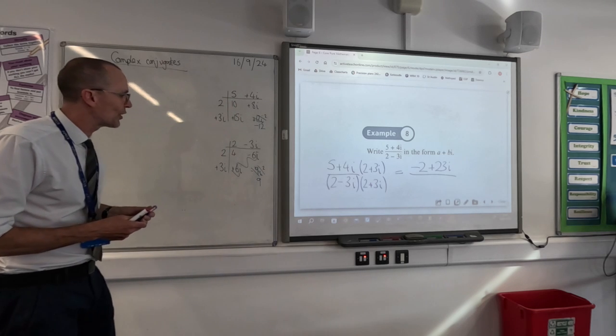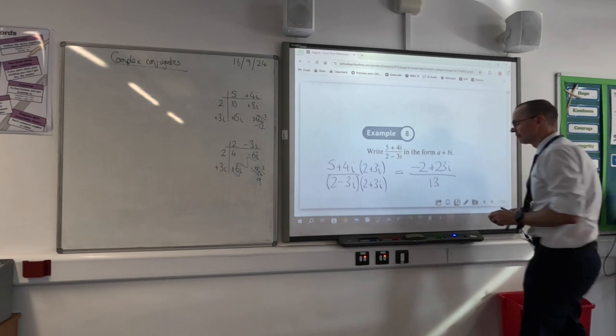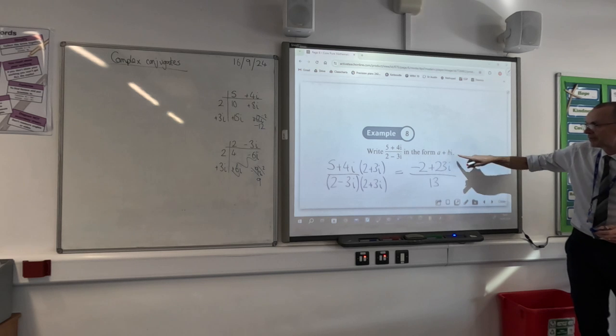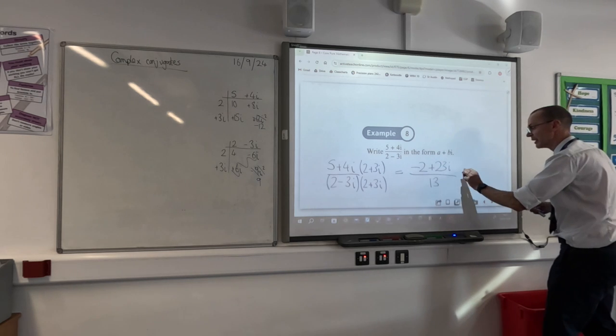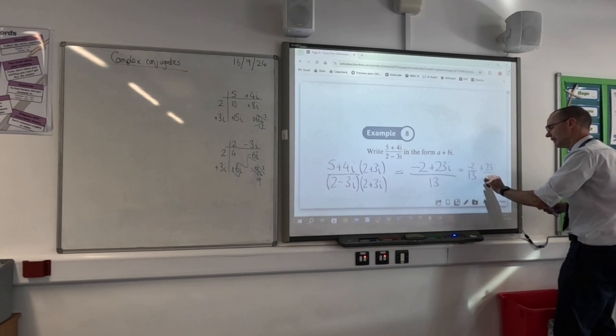So that is 13. And we mustn't think that a and b have to be integers, it doesn't say so, so I'm now going to divide both of those things by 13, so I've got minus 2 over 13 plus 23 over 13 i.